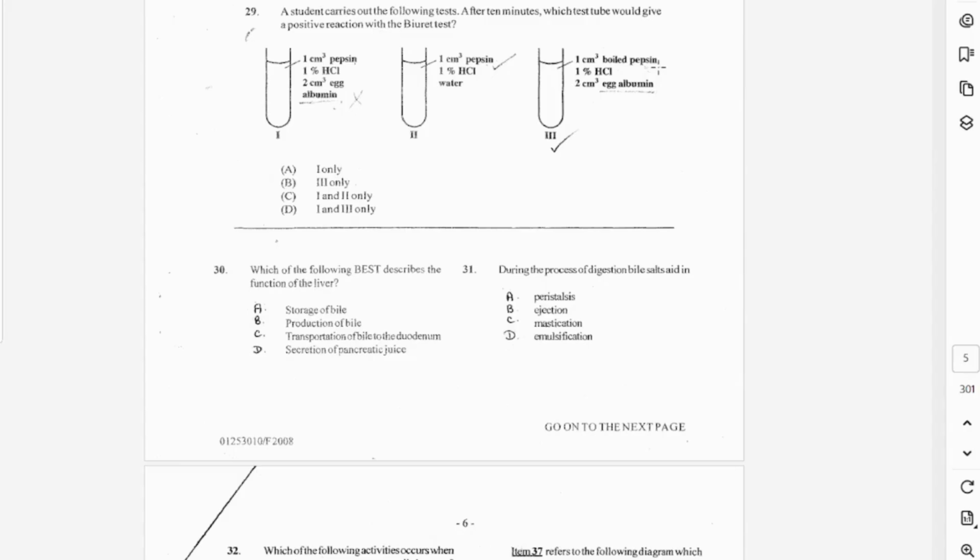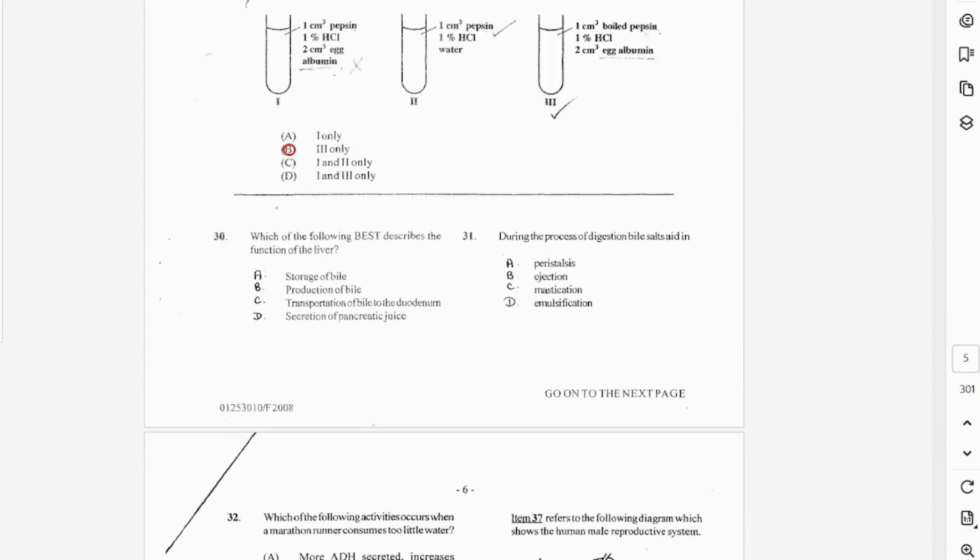So if we boil pepsin, pepsin will become denatured, meaning that it would not be functional, or it would not be able to break down the protein in the egg albumin into shorter polypeptide chains. So in fact, what we are going to get in this test tube is a positive burette test, because the boiled pepsin made it denatured and not able to break down the protein. So test tube 3 is going to have protein. So you have to do a little more thinking for that one.